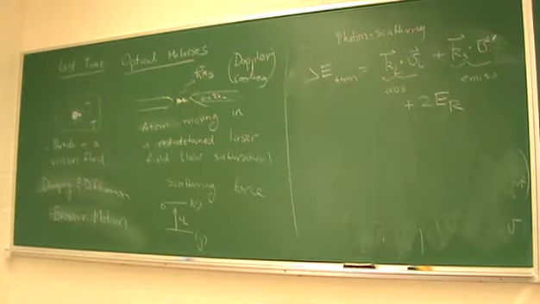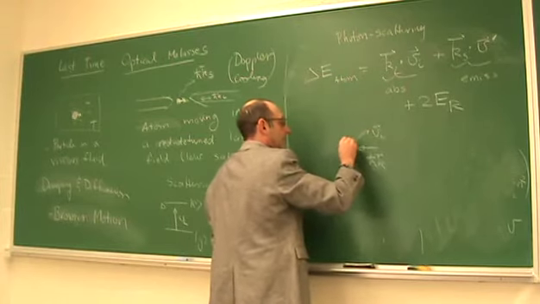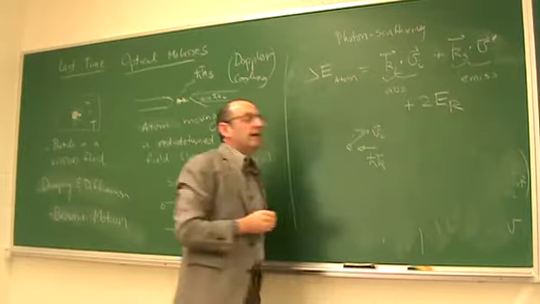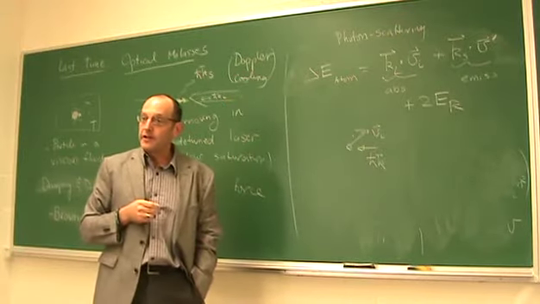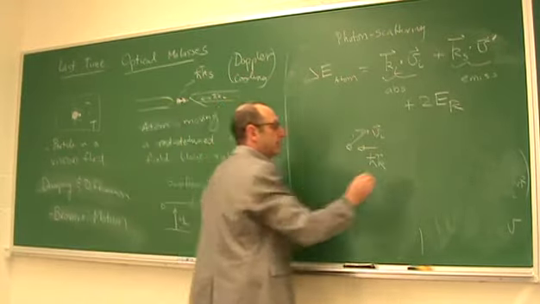Okay? Now, what this says is that if I am the atom, I absorb a photon, h bar k. If I start with some initial velocity, I'll pick up some recoil in that direction, pushing me. But then, in addition, once I'm excited, I will emit.